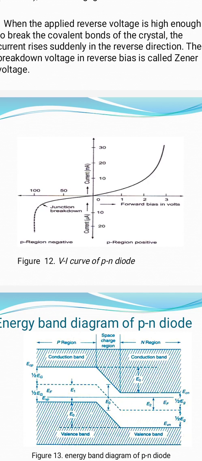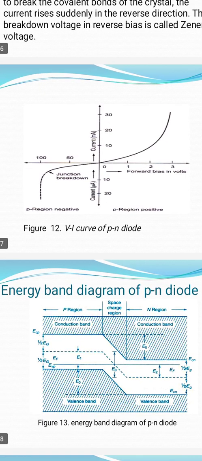In the reverse biasing process, for a large amount of voltage we cannot observe any current flow. Then a sudden increase in the current takes place. That is called breakdown current.